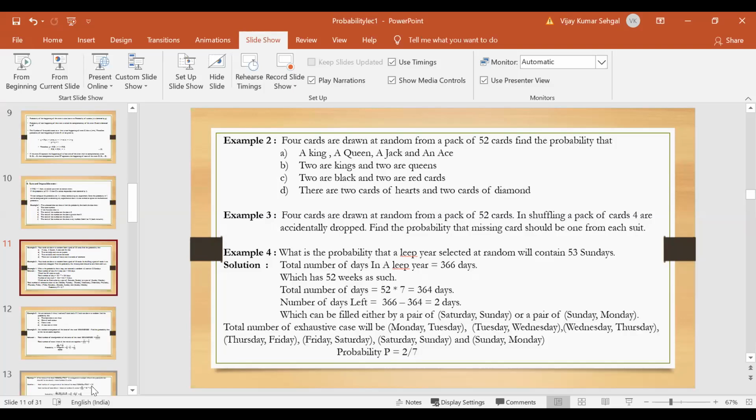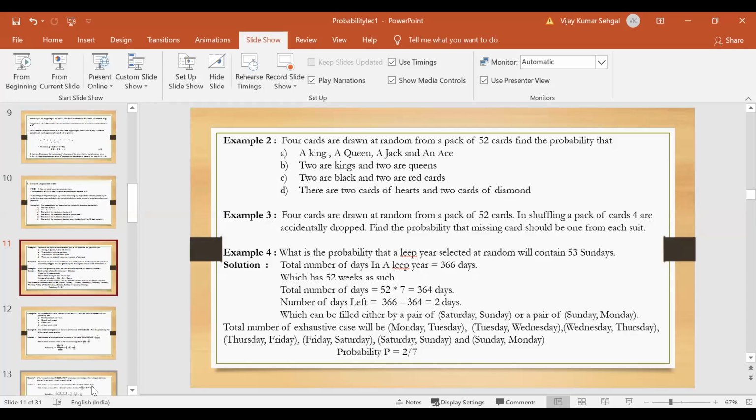Now we want one card to be a king, and we know that in a pack of cards there are four kings. So we can draw one king from four kings in 4C1 ways. Similarly, there are four queens, so we can draw one queen in 4C1 ways. And there are four jacks in a pack, so we can draw one jack in 4C1 ways.